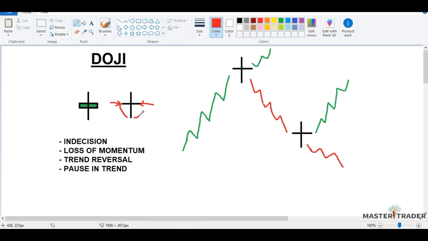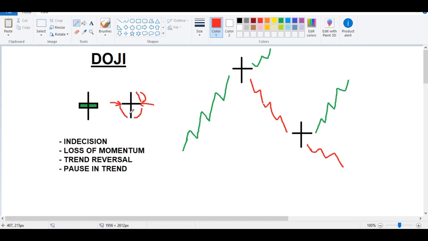Then it starts to go back up, and it makes this high. And then again it comes back down, and then it closes right here at the closing. So you can see the price is simply going up and down.